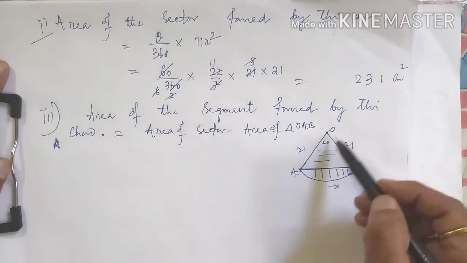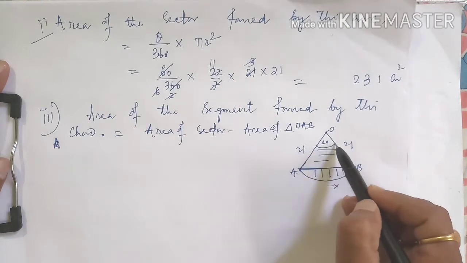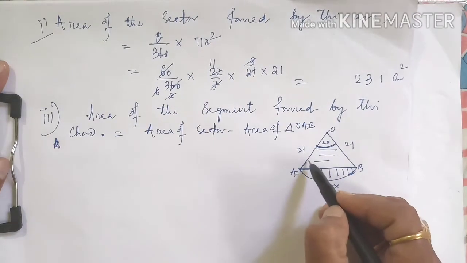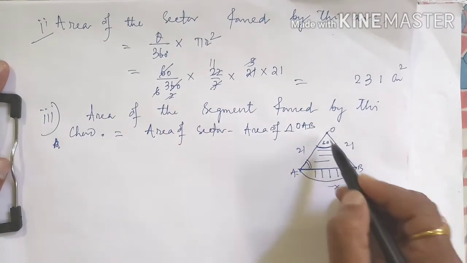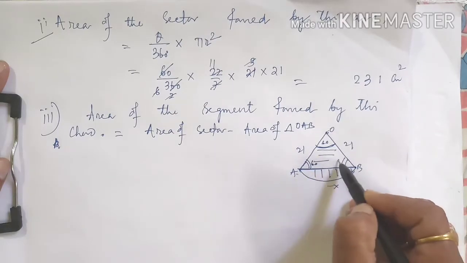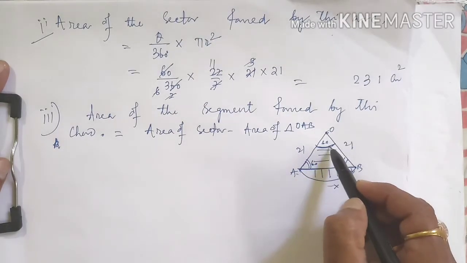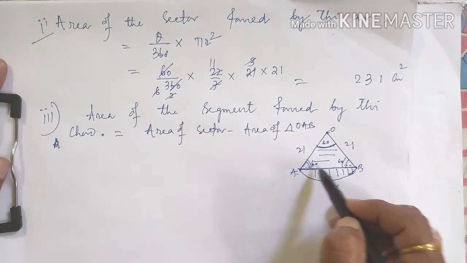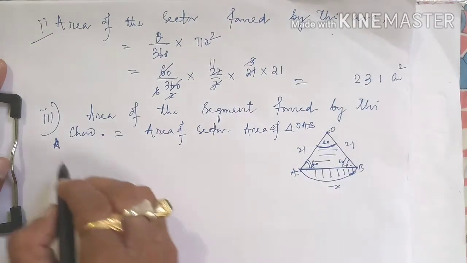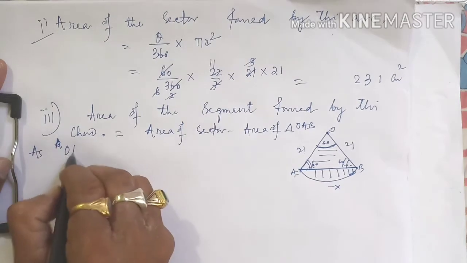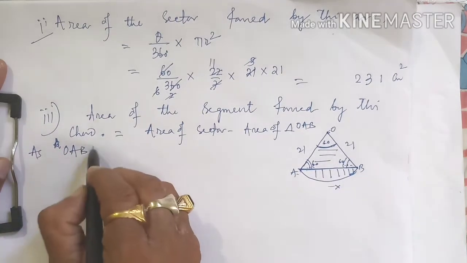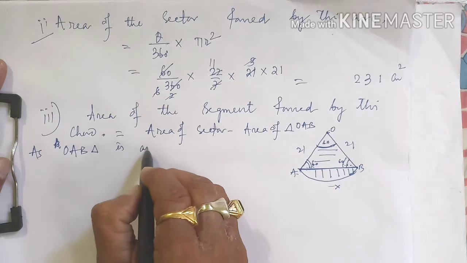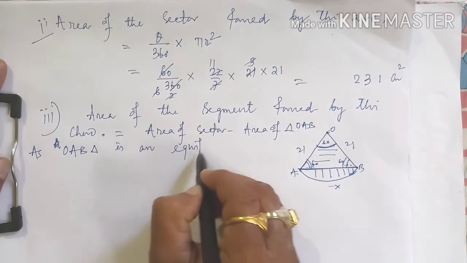Clear? Now OAB, you see, as it is 60 degree in the top angle and these two angles are equal, that means OAB, all angles are 60. Because one angle is 60, the remaining angle summation is 120 and they are equal, that means each angle is 60 degree. Therefore, you can write OAB triangle is an what?